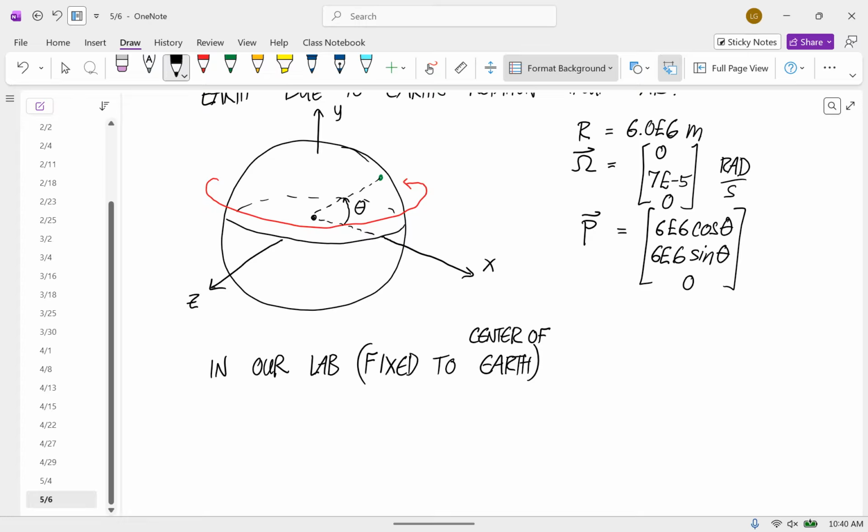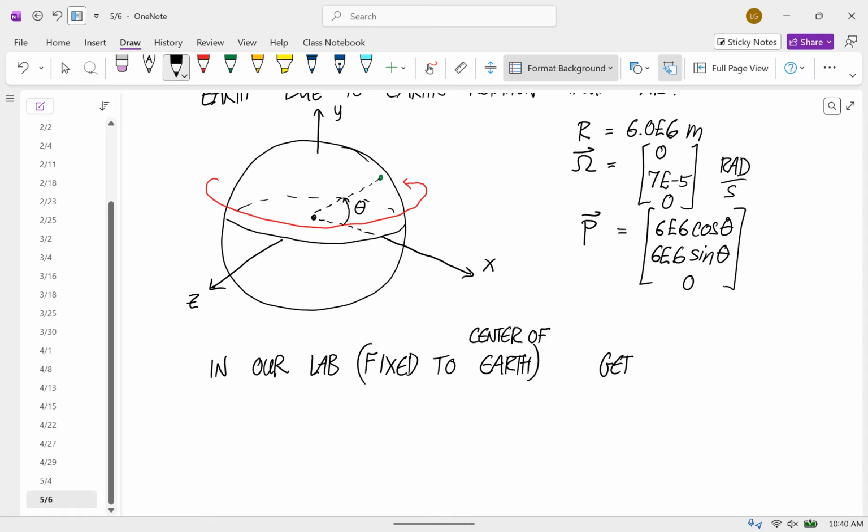We're going to say that we take some measurements and we're going to figure out what we have to add to those measurements to get a true acceleration. Okay. So our measurements are wrong because our coordinate system is non-inertial, it's rotating.